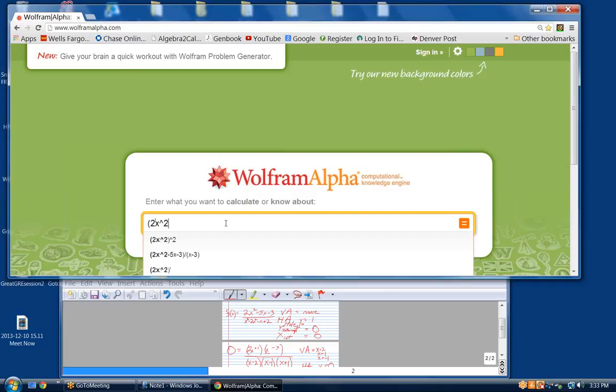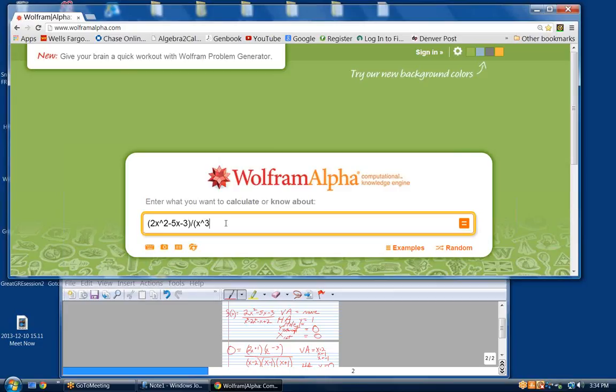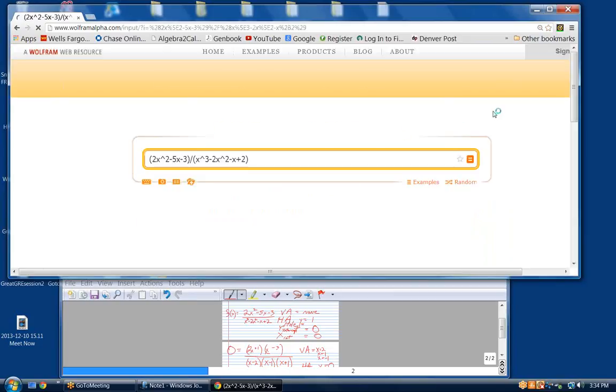2x squared minus 5x minus 3, quantity divided by x cubed minus 2x squared minus x plus 2. Now the beauty of Wolfram Alpha that your calculator doesn't do is it gives you the feedback.